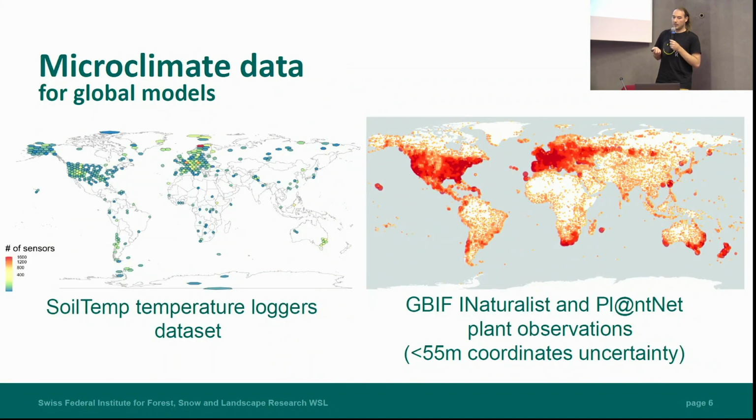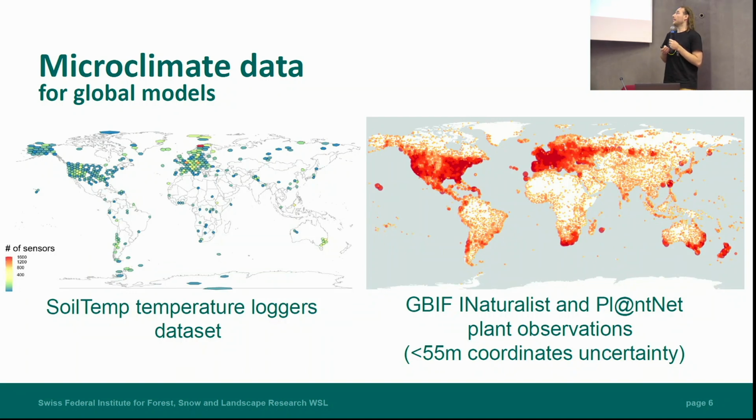One main advantage of this is that this is the SoilTemp dataset. For microclimate temperature, it is the biggest dataset, and there are a few thousand logger registers. But in comparison, if we only take plant observations from GBIF, from iNaturalist and PlantNet, we have multiple millions of them.